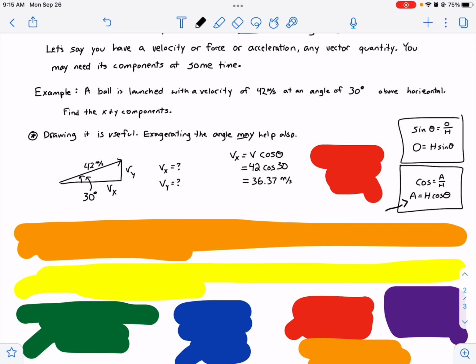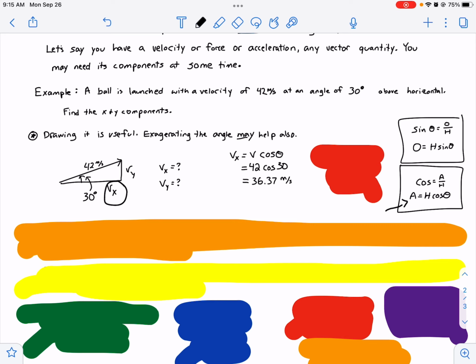And then I just plugged that into my calculator, and then I stuck my unit back on the answer. The cosine of 30 doesn't have any units, so it doesn't change the units on the 42. I could have left my 42 with the unit on it. That might have actually been pretty helpful to see where that comes from. And so that is my Vx component. So the length of this side of the triangle is 36.37.